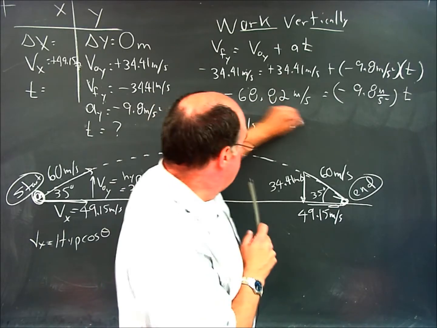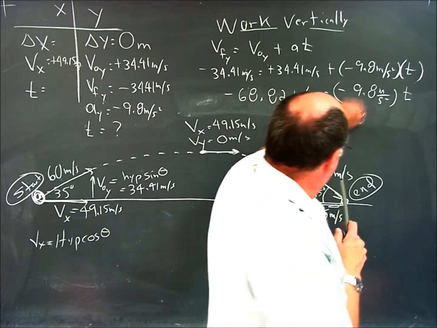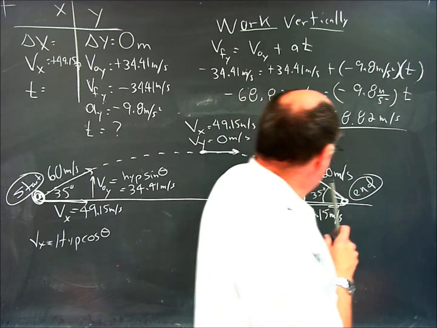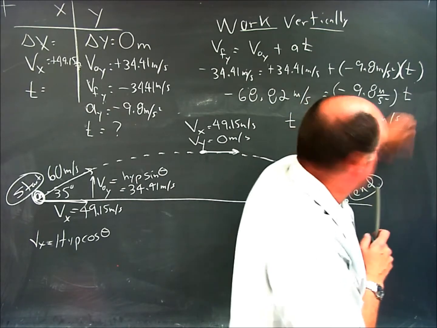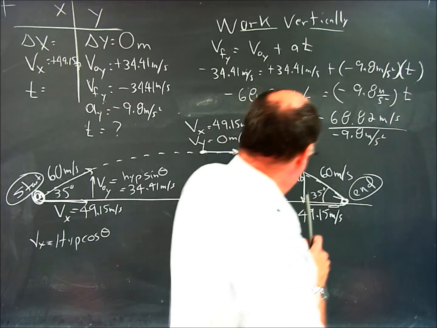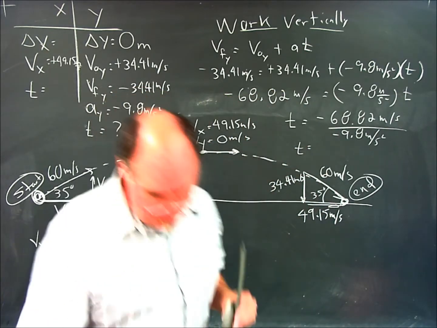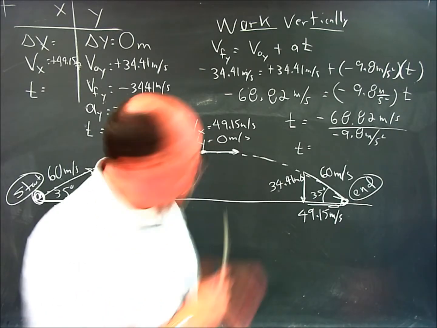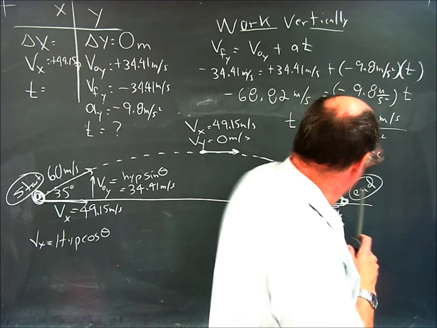So t will come out to be negative 68.82 meters per second divided by negative 9.8 meters per second squared, and that will equal 7.02 seconds.